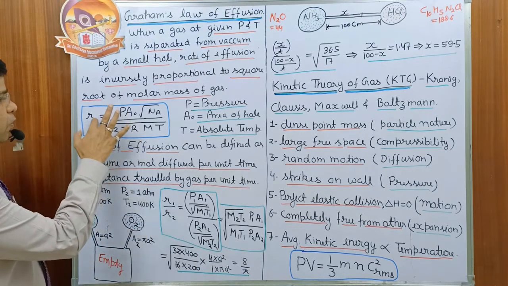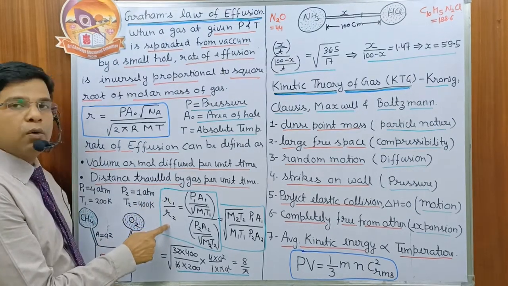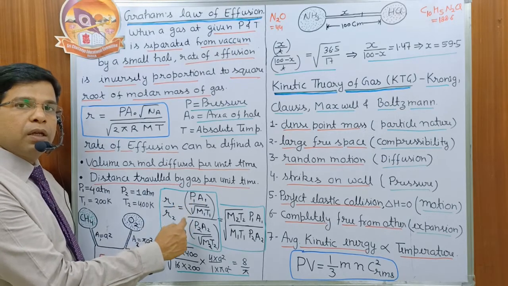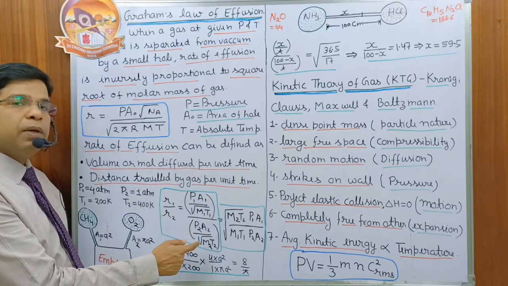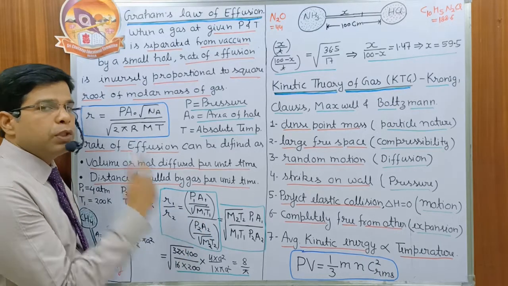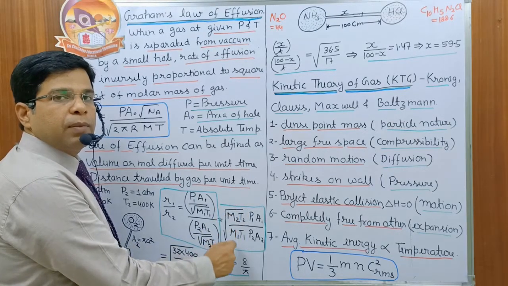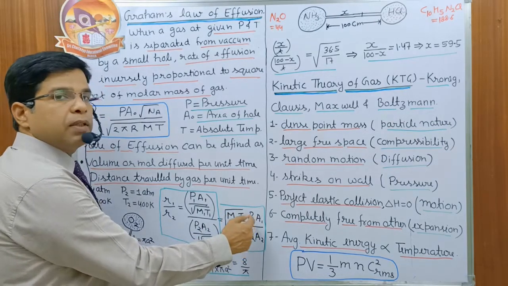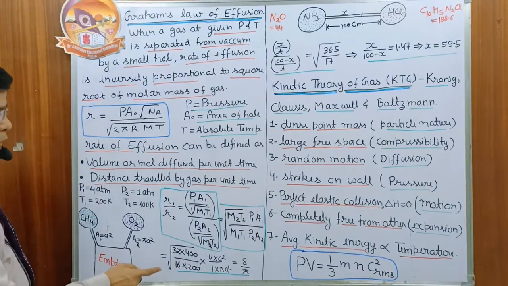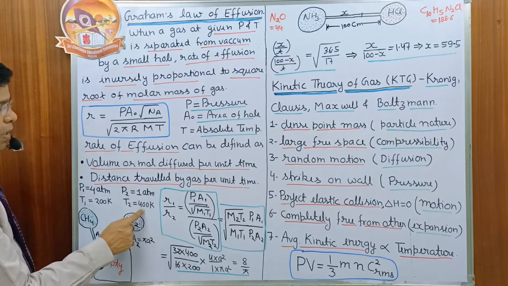Then we have to apply this equation for both the gases. R1 divided by R2 is equal to P1 A1 divided by under root M1 T1, divided by P2 A2 divided by under root M2 T2. So we have under root M2 T2 divided by M1 T1, multiplied by P1 A1 divided by P2 A2. Look, what is the molar mass of the second gas? 32. What is the temperature of the second gas? 400.